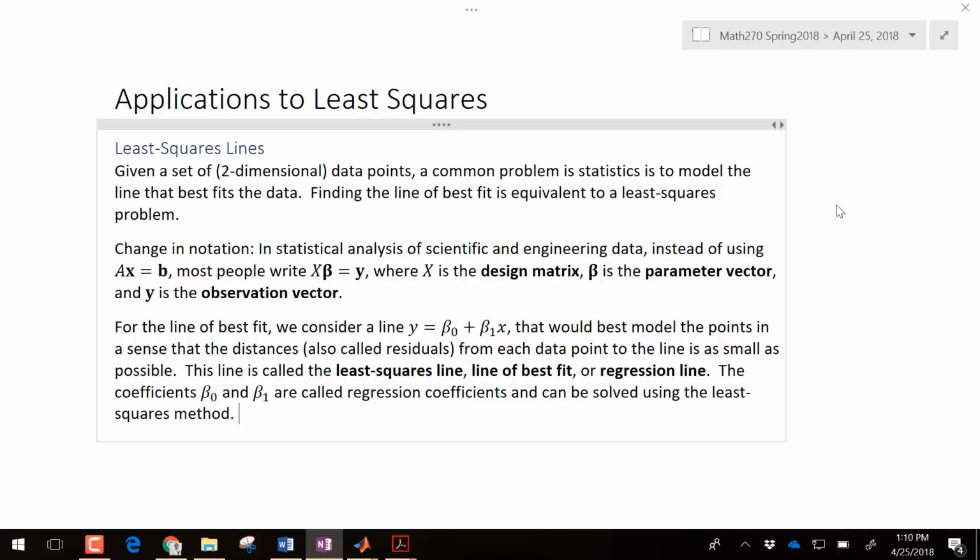Sometimes they use a plus bx, like on the TI-83 calculators. But for us, we'll use beta sub 0 and beta sub 1. Beta sub 0 is like the y-intercept, and beta sub 1 is like the slope. So we want to find beta sub 0 and beta sub 1 so that this line will best fit the data set. This line is called the line of best fit, sometimes called the regression line, and sometimes the least squares line.